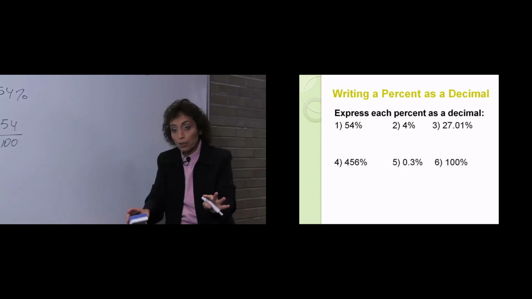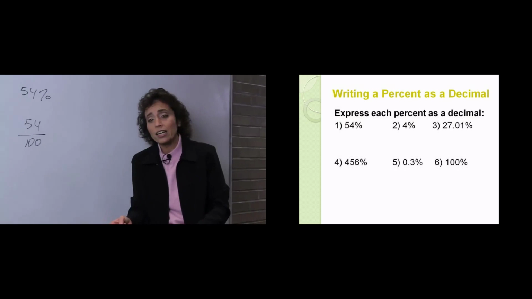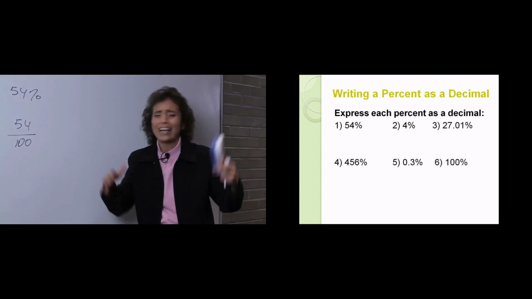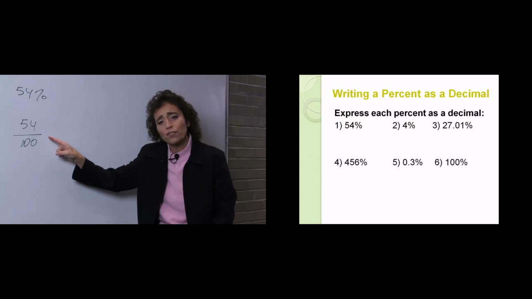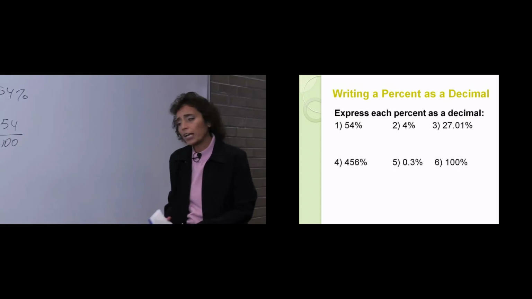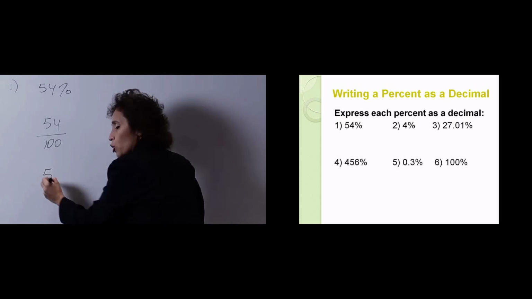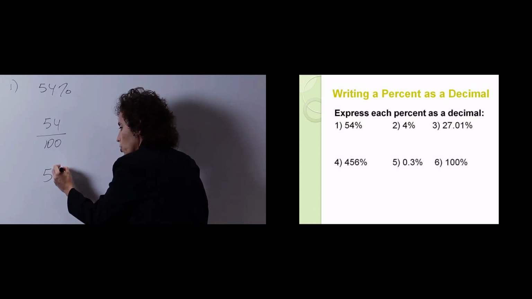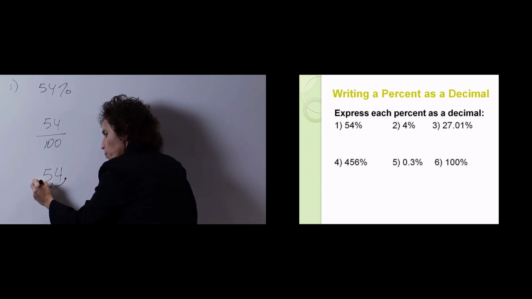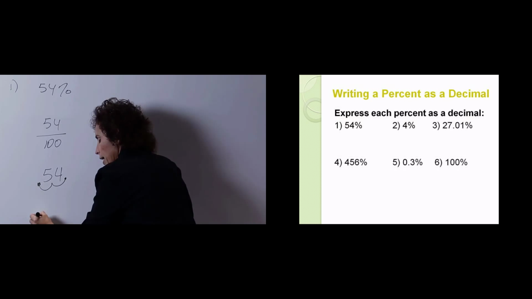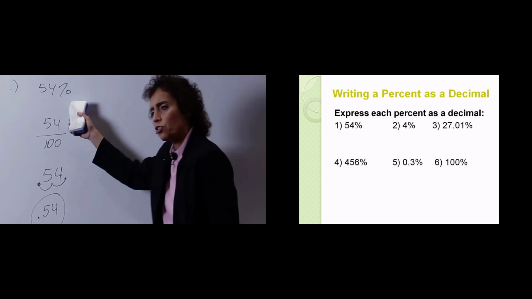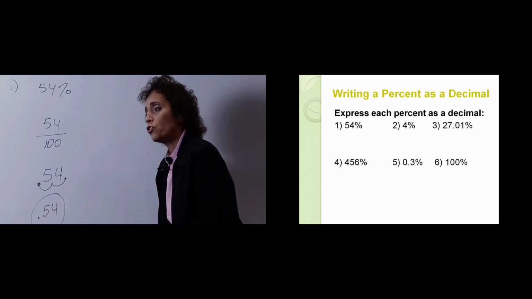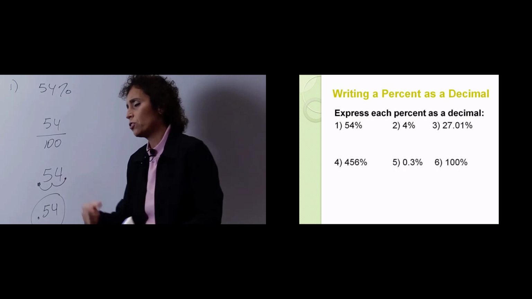If you remember what we did before today, when you divide by 100, you take your decimal point and move it 2 places to the left. So I move it 2 places to the left, and I have 0.54. All you do is drop the percent sign and divide by 100, which means move the decimal 2 places to the left.